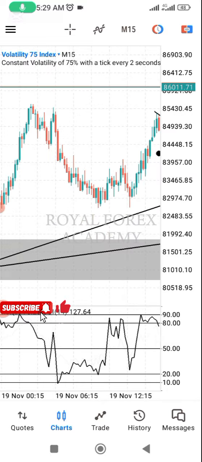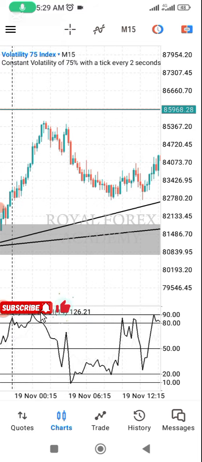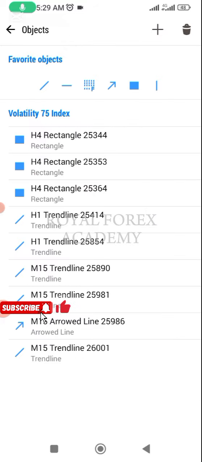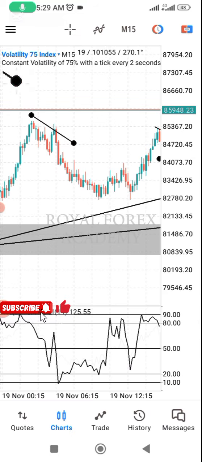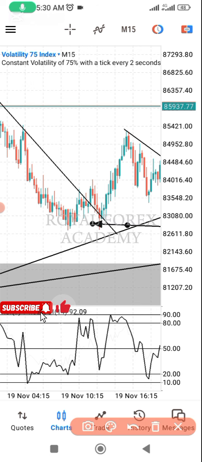Okay, look at the same scenario here. The same thing happened here. What do I do? Pick up my trend line. You can see this pullback to this zone and immediately I sight this. You can see when price was here, look at this.